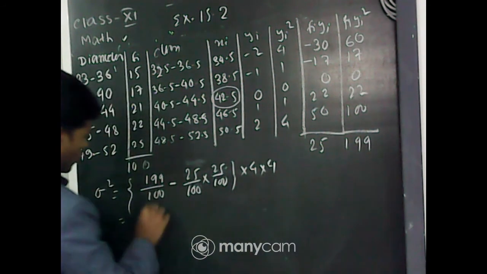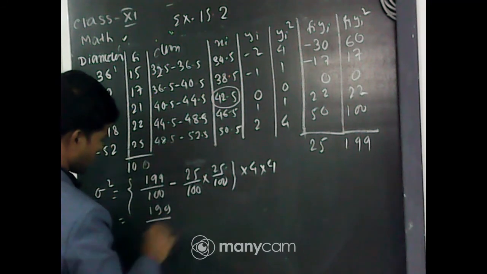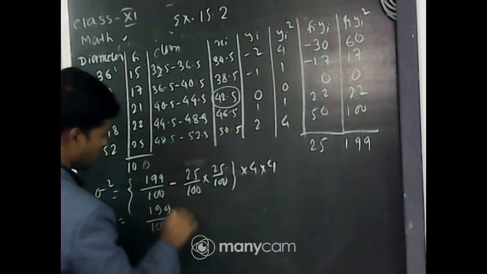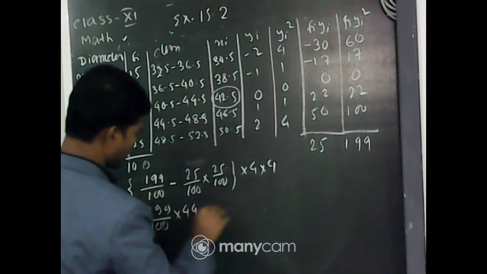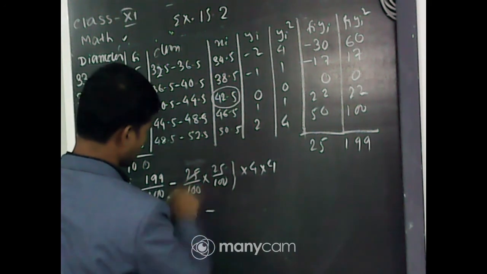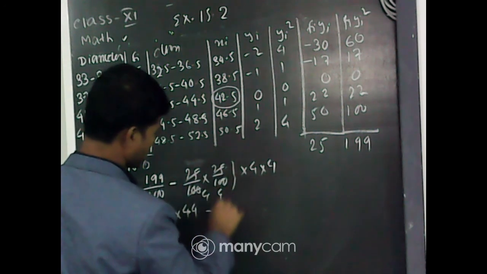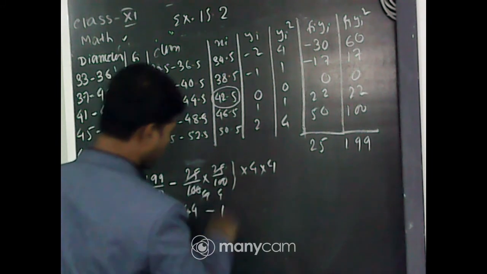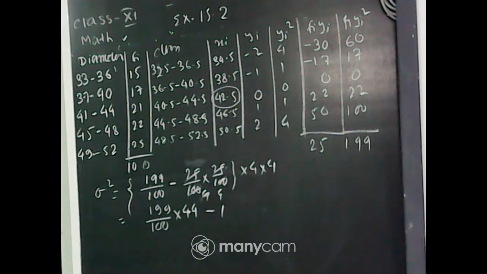So it is equal to 199 by 100 into 4 into 4 minus this, that is equal to 1.